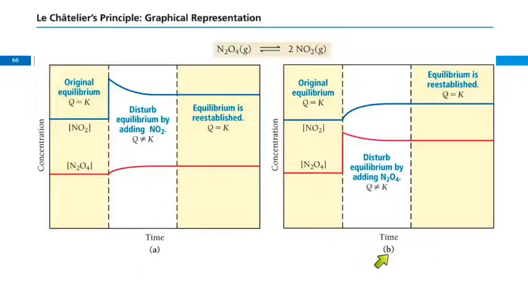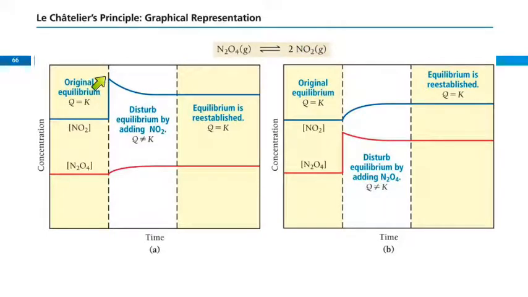So here we have two examples. Here's our original equilibrium. These concentrations are not equal to each other, but they're level. As time passes, they're staying the same. And now we disturb this one by artificially increasing the NO2. So we're increasing this product.